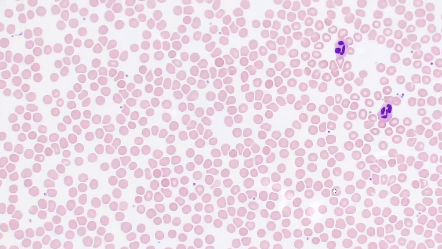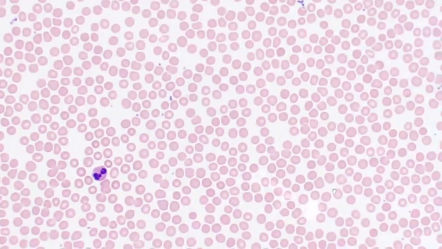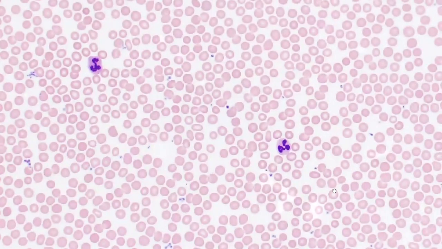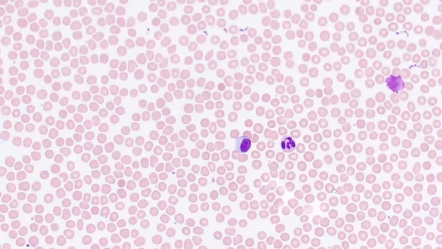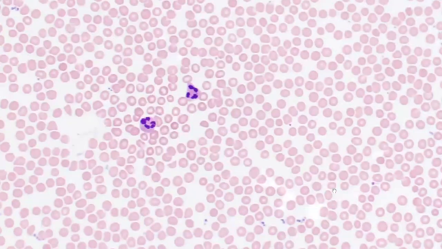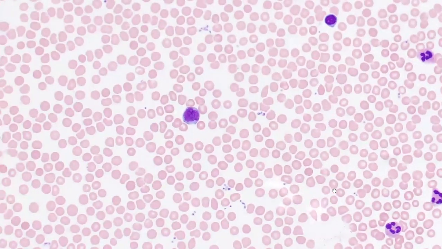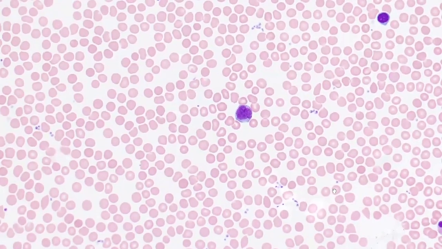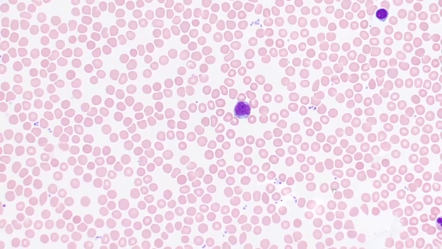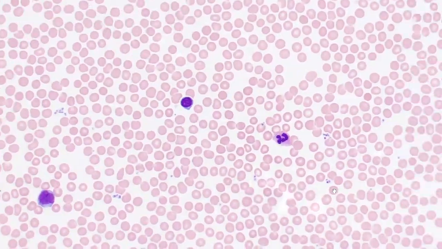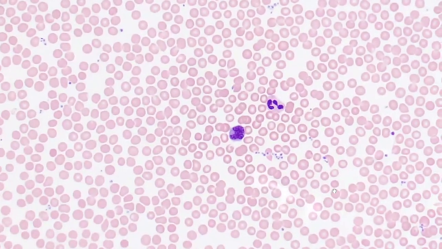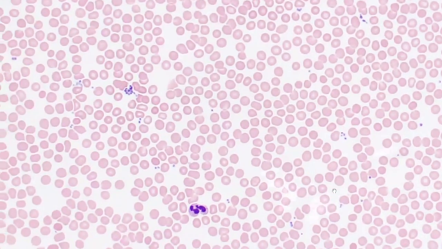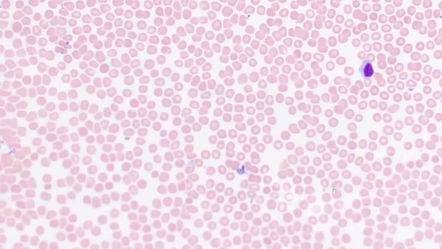I like to familiarize myself with each patient's white cells before I start my differential count, because everybody makes their cells a little bit differently. So it's always a good idea to get in the habit of finding out what this patient's monocytes and lymphocytes look like, so that when you do run across an abnormal cell, you know that it's abnormal for that patient.